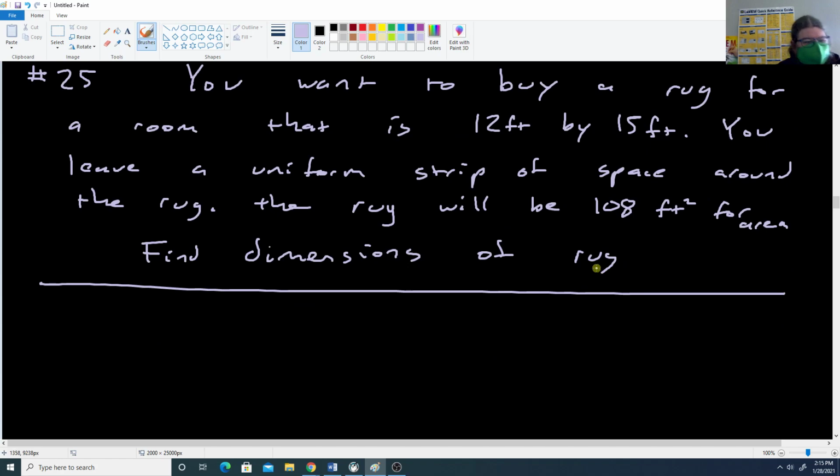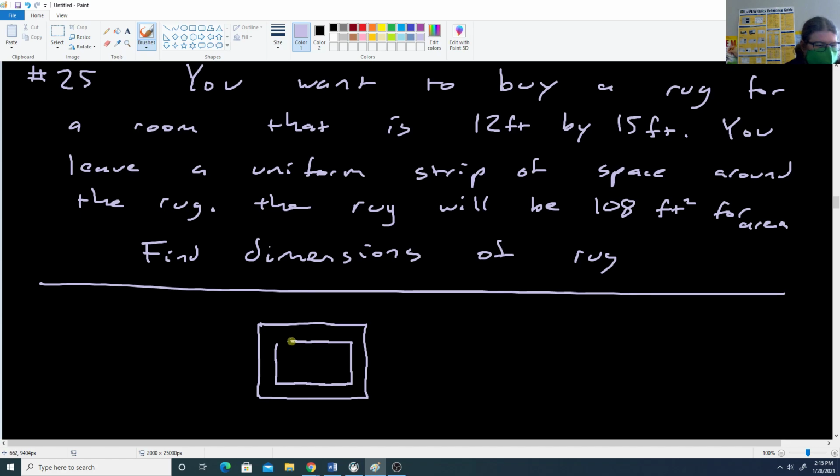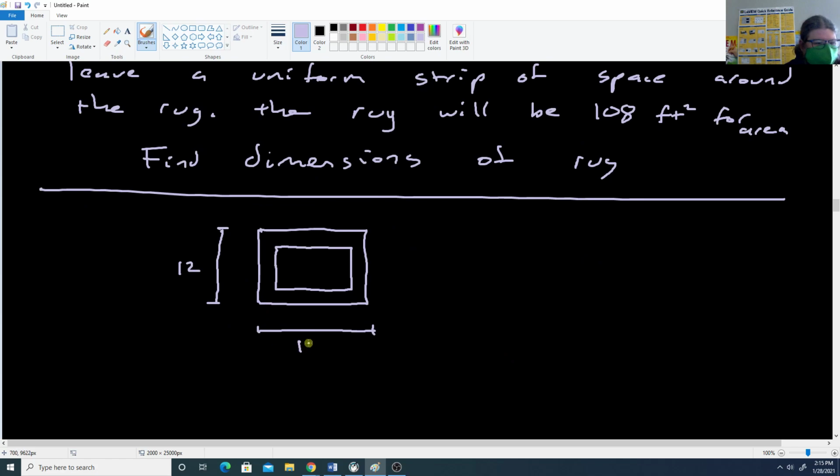So first let's draw a picture. We got this room. This room has a rug in it. We're leaving a uniform strip of space between the rug and the wall. The room is 12 by 15. We don't know this strip of space, so I'm going to call that X, my unknown.